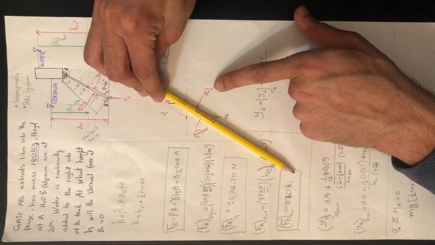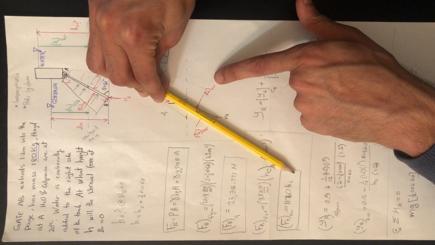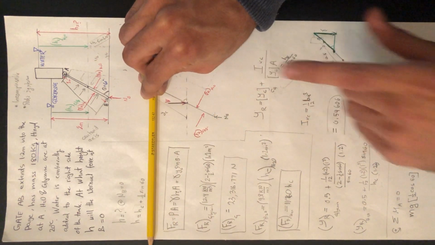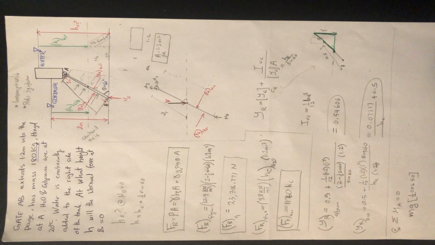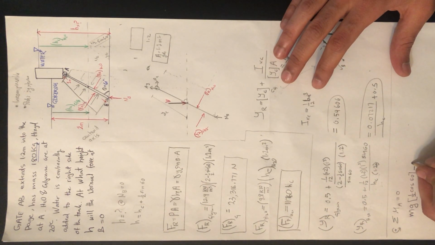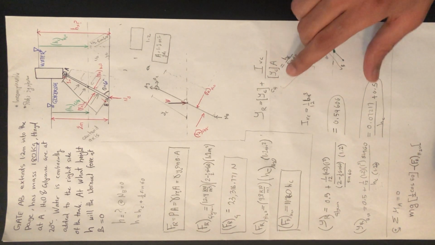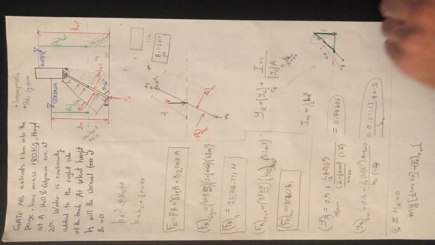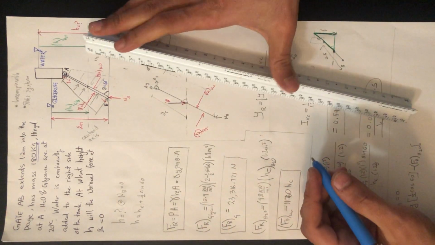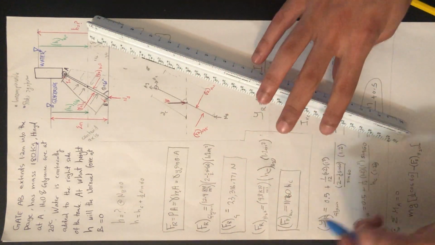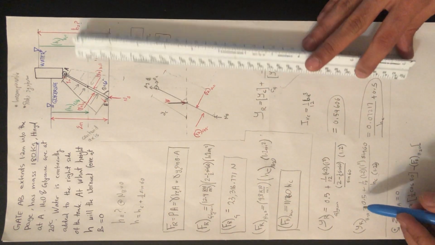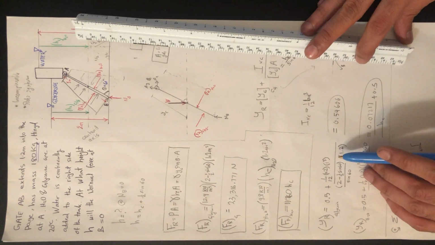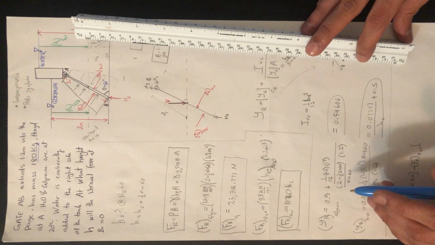And then our force from the water is going to cause a clockwise rotation, that's a negative, times the perpendicular distance. Let's show the perpendicular distances on our diagram that we found using the equation involving the second moment of inertia.